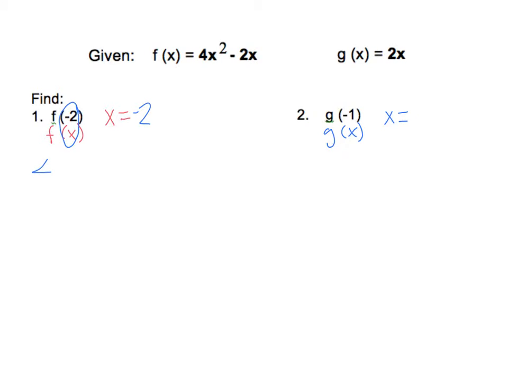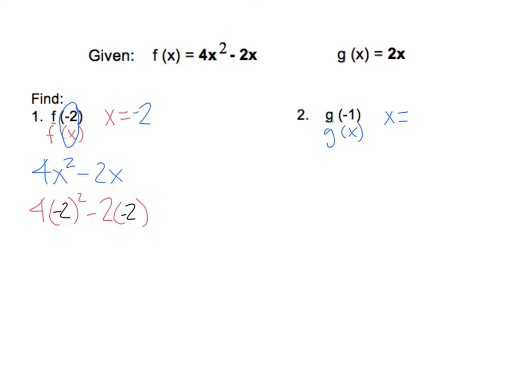So I'm going to write down the expression that we're using, which is 4x squared minus 2x. And all we're going to have to do is substitute the value of x where we see x. And the x is equal to negative 2. So that's why I'm going to place the negative 2's in those parentheses, because I'm substituting. And now we solve.